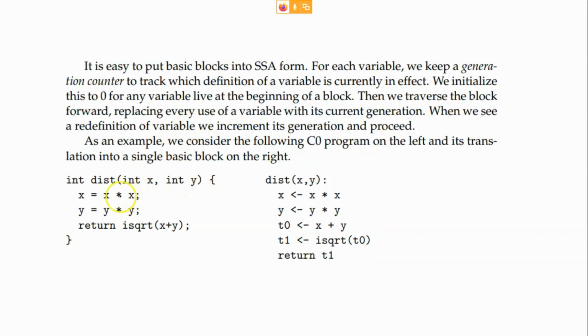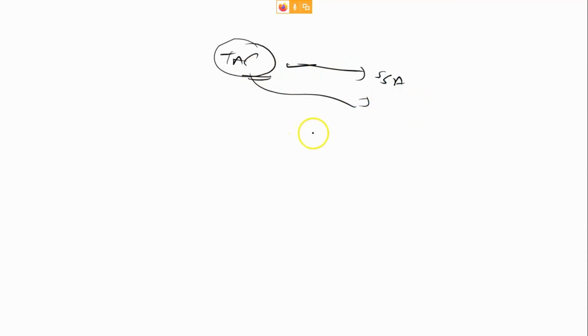Now again, if you have a given program, let's assume you have a given 3 address code, how can you convert it into SSA? You can do this very easily. To do this conversion, we can use an algorithm, and that algorithm will give each variable some generation.